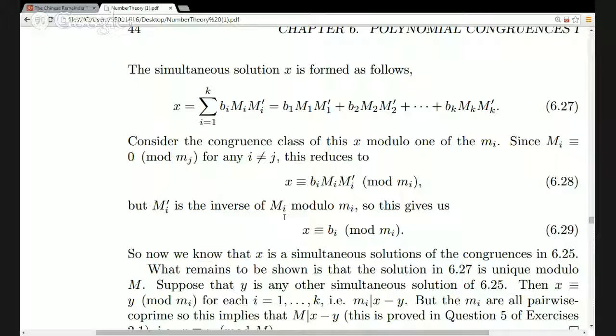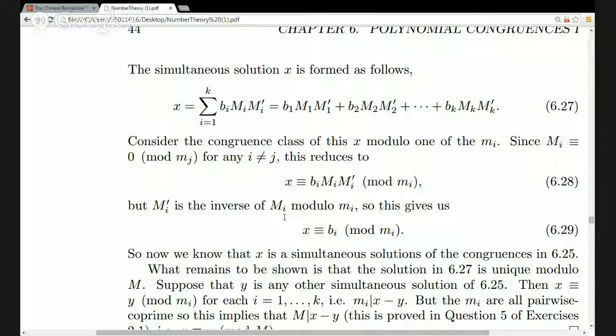So that explanation is just carried out in general terms here in the text of the proof. But it's exactly the same as the reasoning I just stepped through about that little example here. When you look at this number x, okay, the claim is that's the solution the thing is looking for. So you look at x modulo one of the mi.